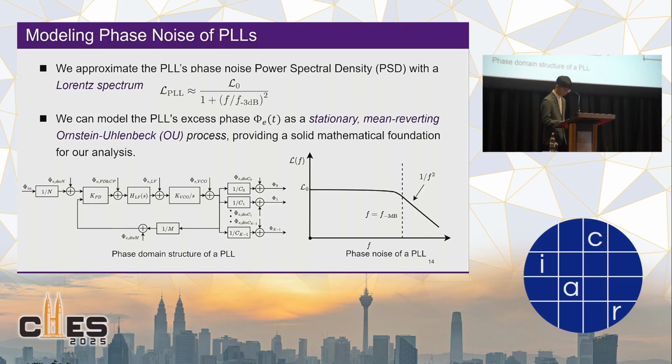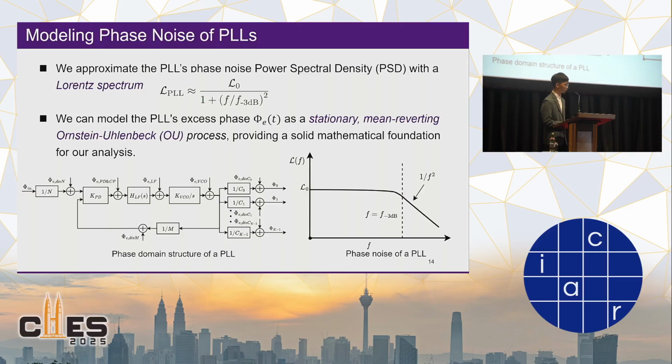So the core of our model is the phase noise of the PLL. We start by approximating the power spectral density of the PLL's phase noise. We use a simple but efficient shape called Lorentzian. The key insight comes when we transfer this from the frequency domain into the time domain, where we can get the autocorrelation function.